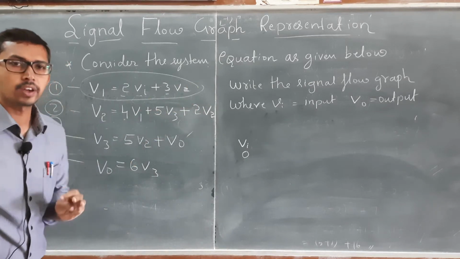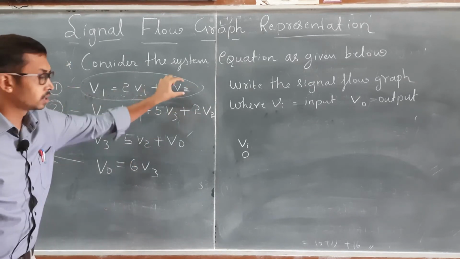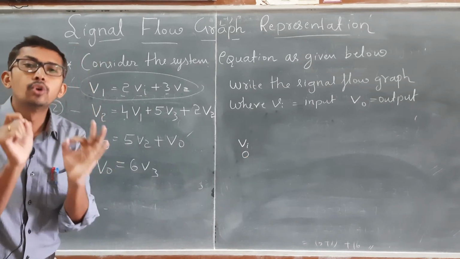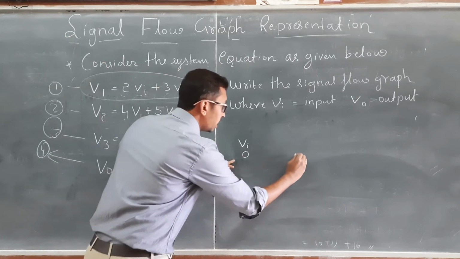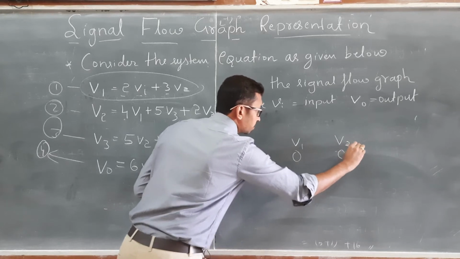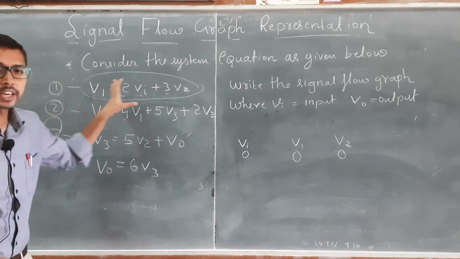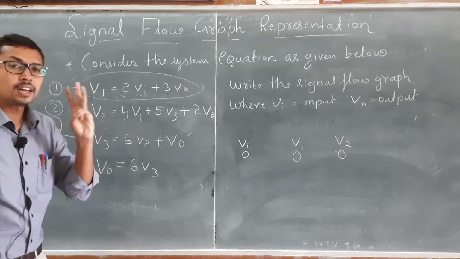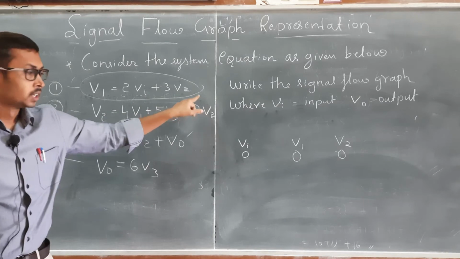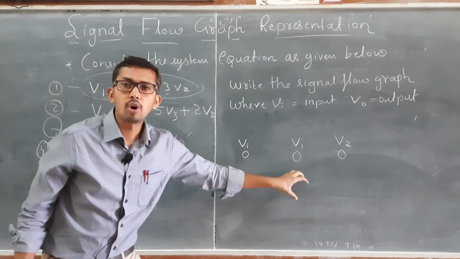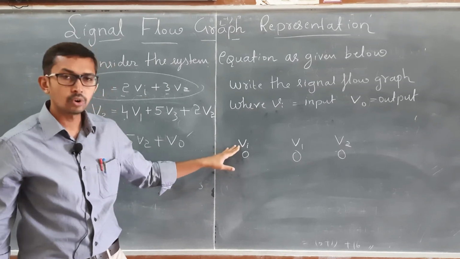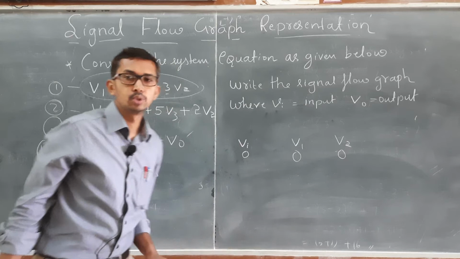There are totally 3 variables: V1, Vi, and V2. These variables are represented as small circles, and these small circles are called nodes. Vi is a node, V1 is a node, and V2 is a node.